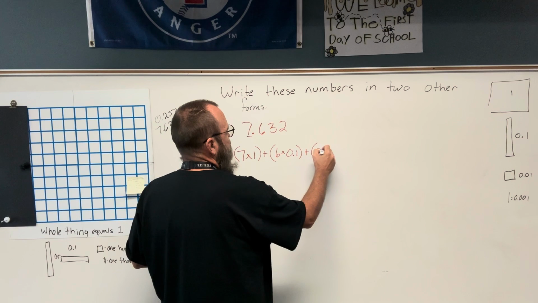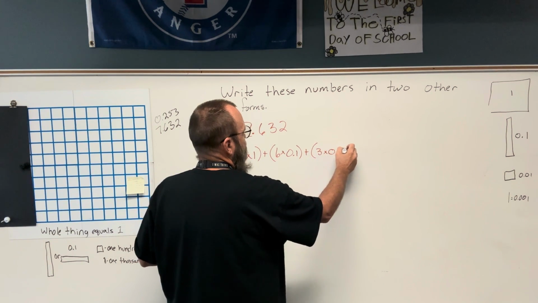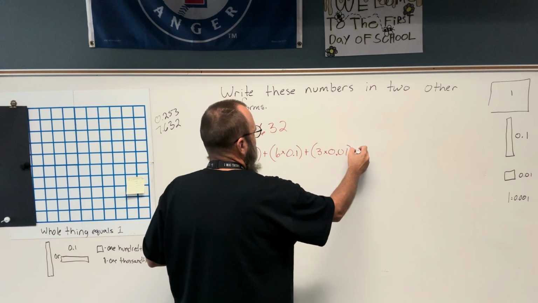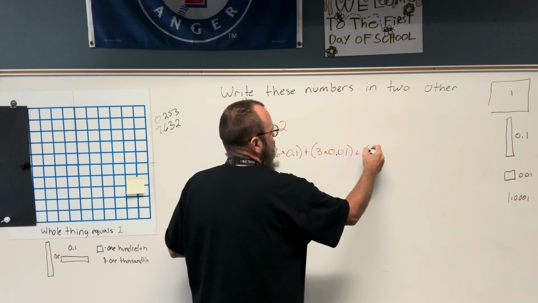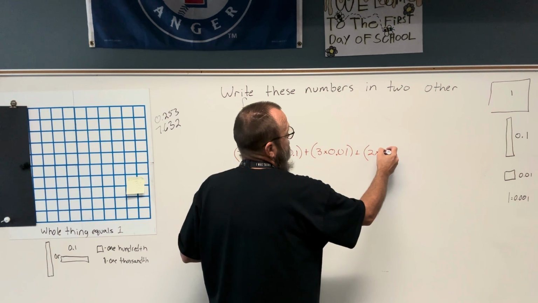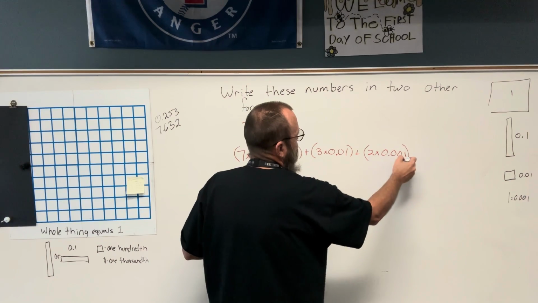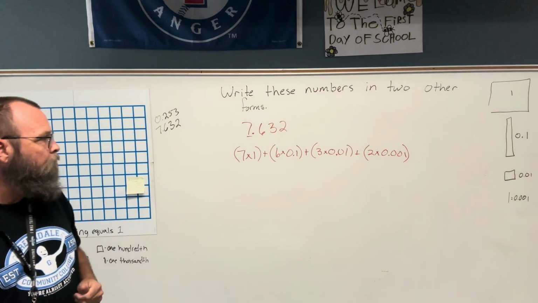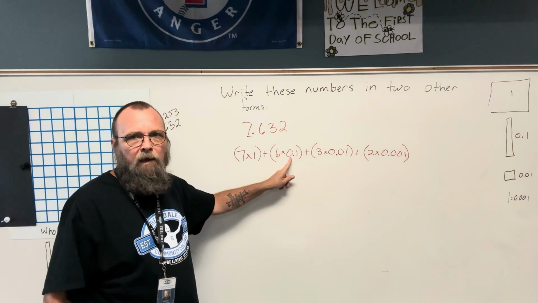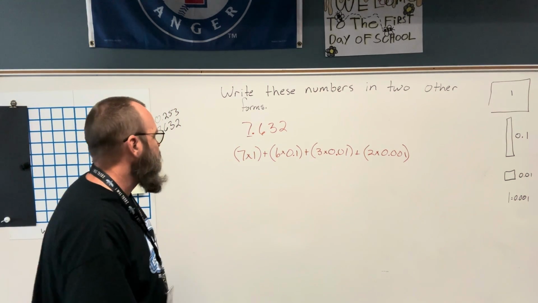Plus 3 is in the hundredths place, so 3 times 1/100. Plus the 2 is in the thousandths place, so 2 times 1/1000. That would be an expanded form using the decimals. Again, I could write a fraction 1/10, 1/100, and 1/1000, and it would be the same thing.